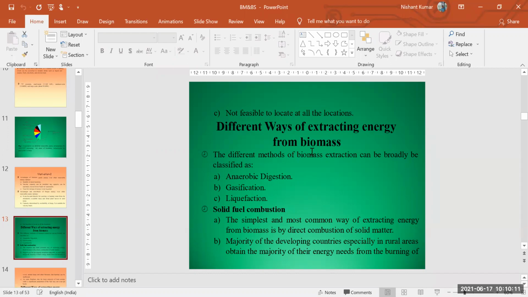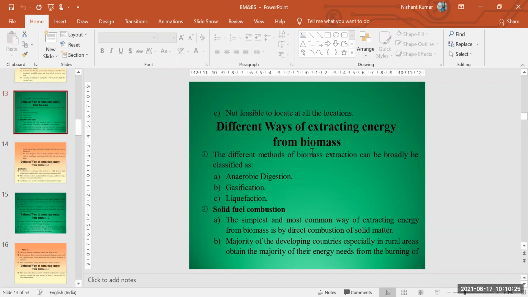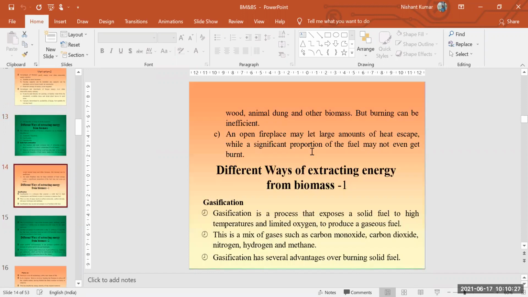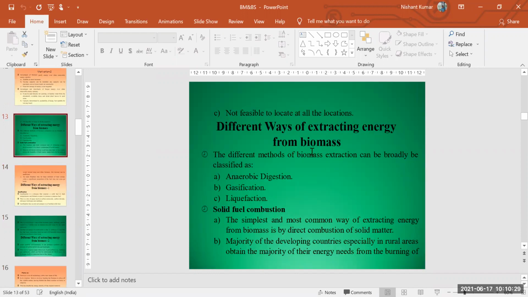We have also seen in the previous class different ways of extracting energy from biomass, that is anaerobic digestion, gasification and liquefaction. And we have also seen the flow chart that I drew in yesterday's class, that is the part of it.